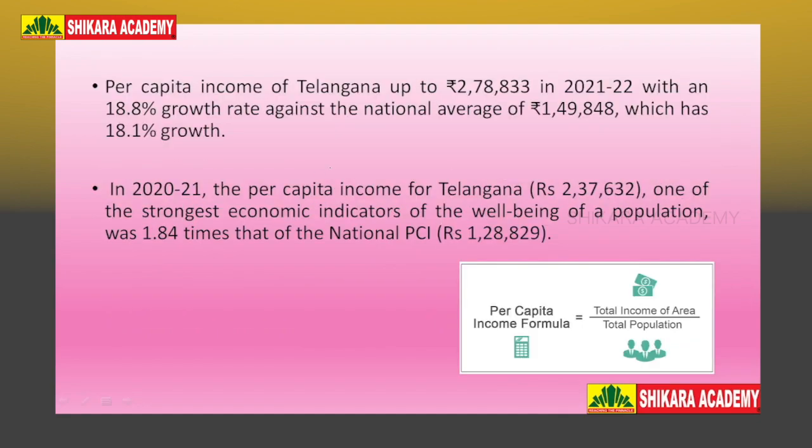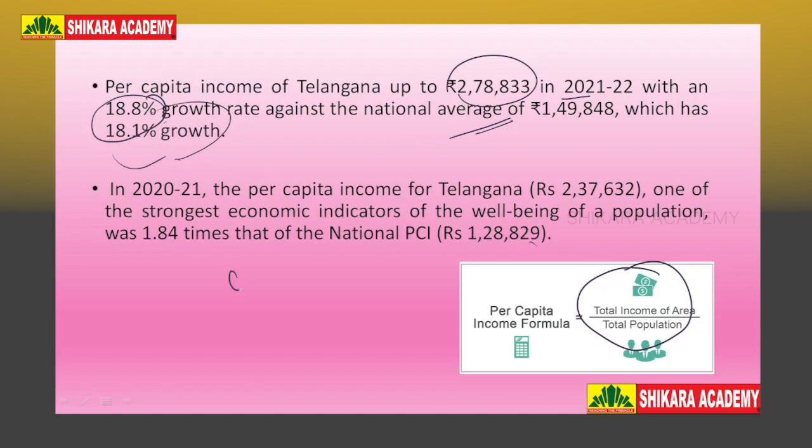Now, per capita income. What is per capita income? It is the total income of an area divided by the total population. The per capita income of Telangana for the year 2021-22 was 2,78,833 rupees with an 18.8% growth rate against the national average of 18.1%.